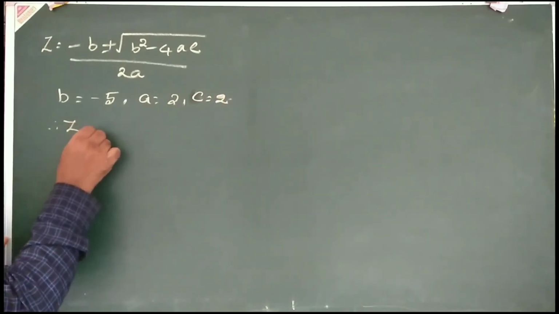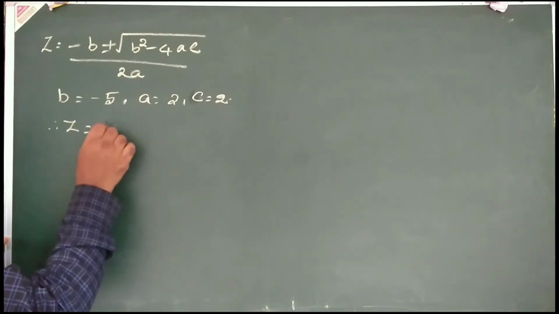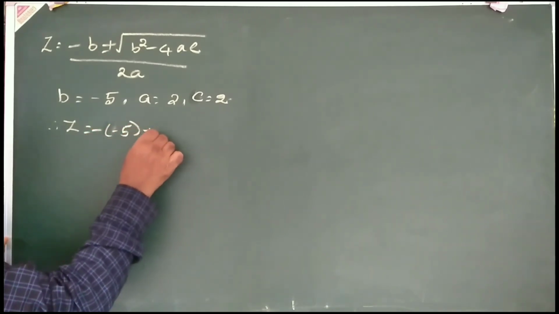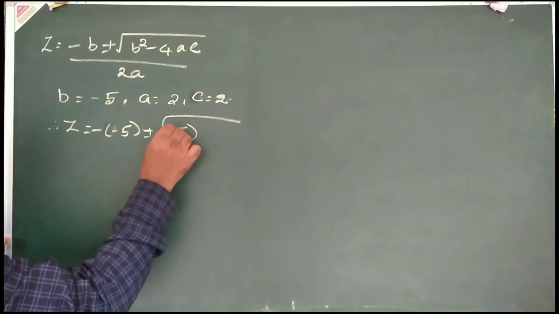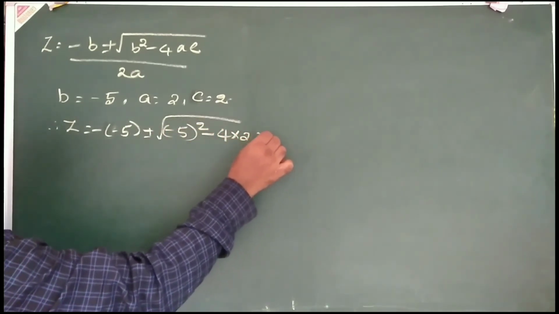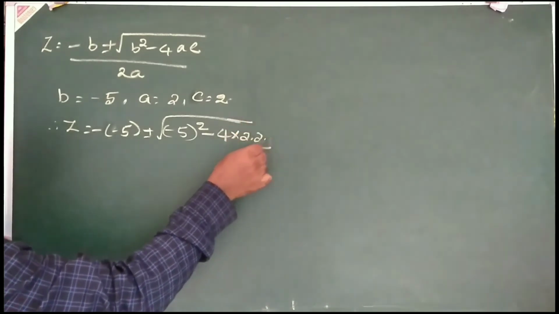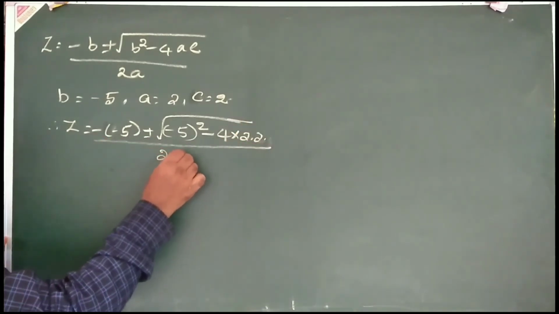Therefore z is equal to minus of minus 5 plus or minus root of minus 5 the whole square minus 4 into 2 into 2, whole divided by 2 into 2.